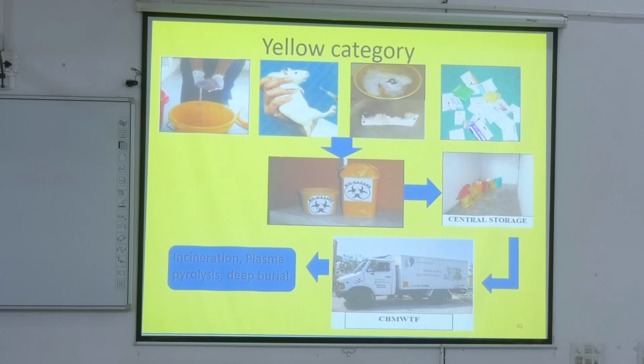Then in the central storage facility, you have to store it for only 48 hours. Always it is 48 hours you can store it in central storage facilities. Then the BMW TF vehicle will come and collect all the waste, and they will put it in the common storage in their storage facility, and they will make it ready for further treatment.